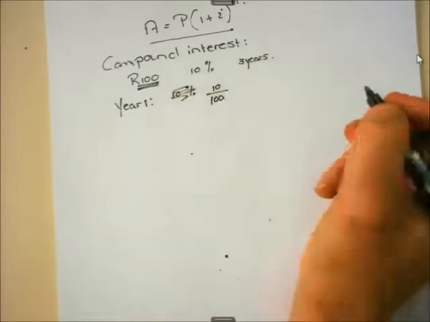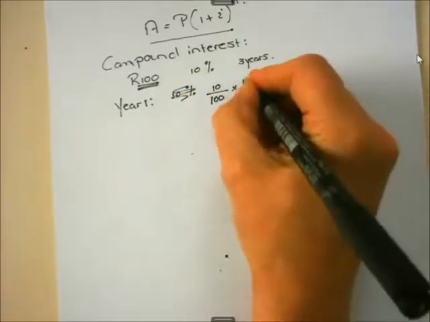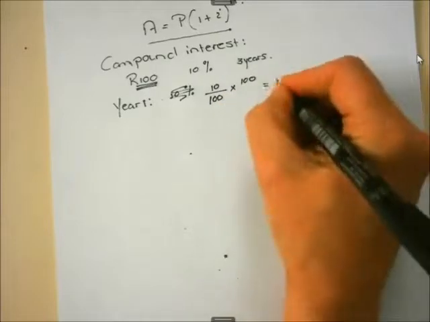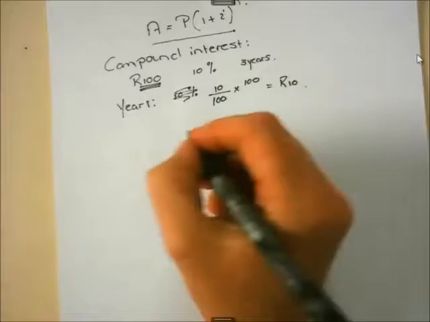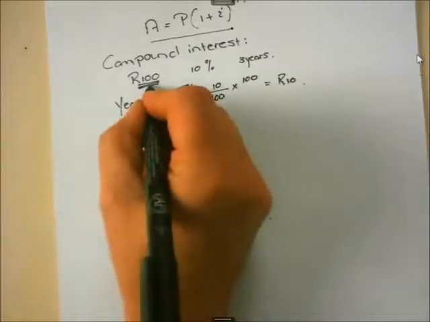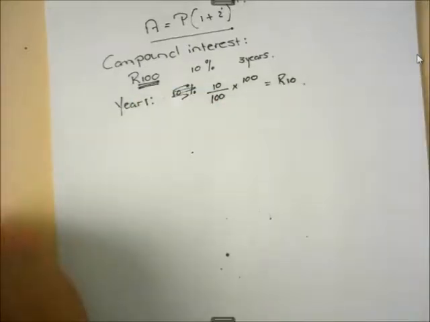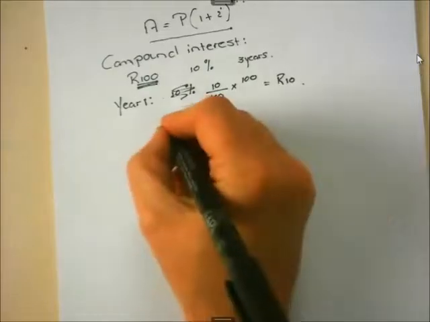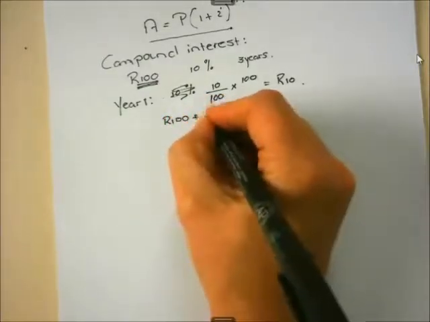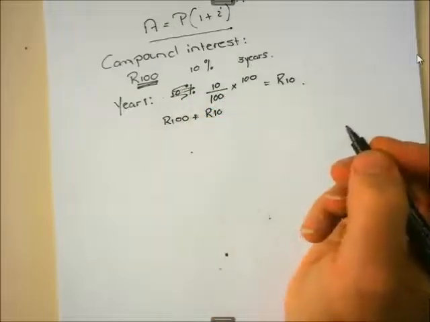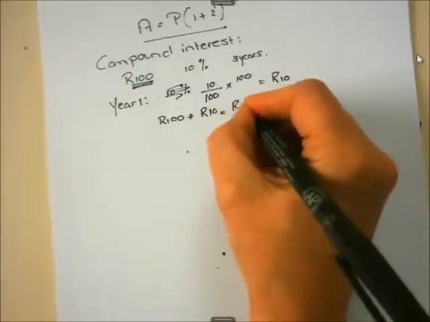So I'm going to get 10 over 100 times 100, and if you work that out, you are going to get 10 rand interest. So at the end of year 1, you don't have just 100 anymore. You have 100 rand plus 10 rand, and that gives you 110 rand.